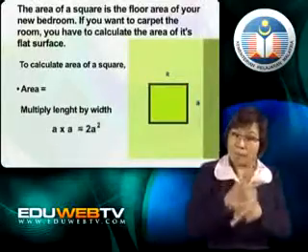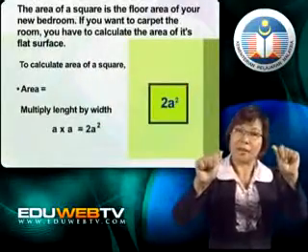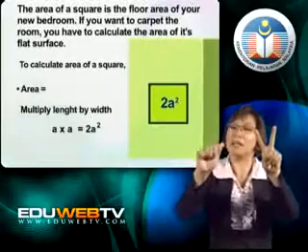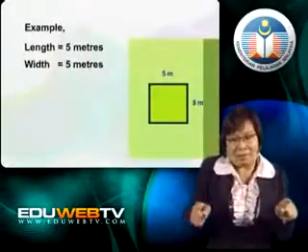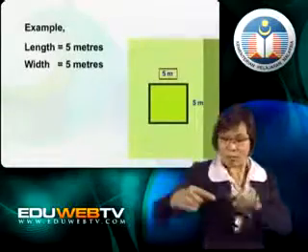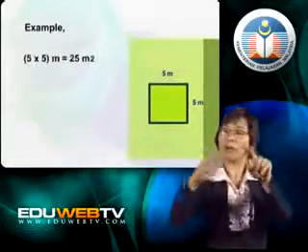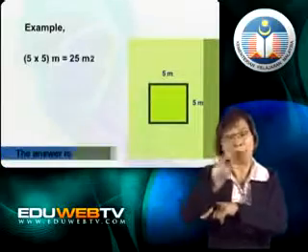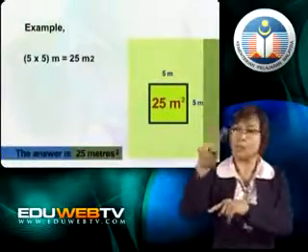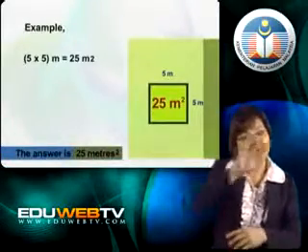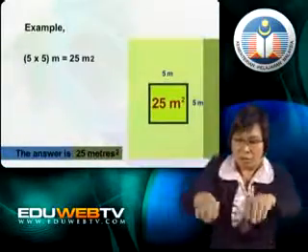So A multiplied by A equals A squared. Let's say that the length and the width is 5 meters. 5 meters multiplied by 5 equals 25 meters square. The answer is 25 meters square. So you need 25 meters square to have a carpeted floor in your room.